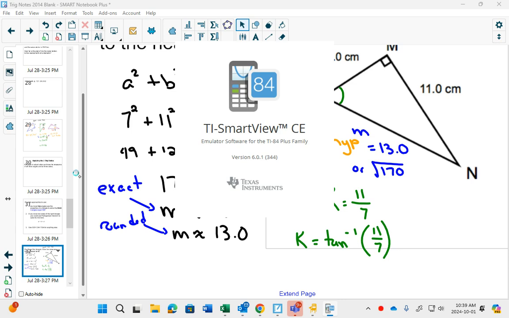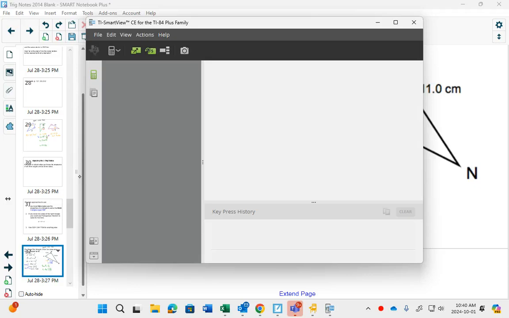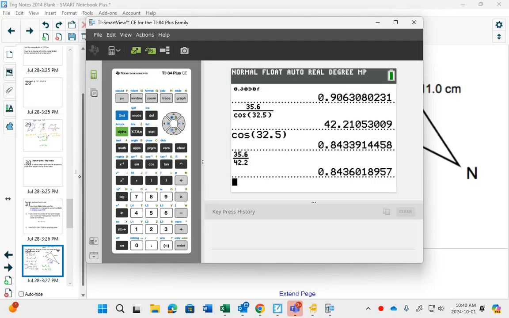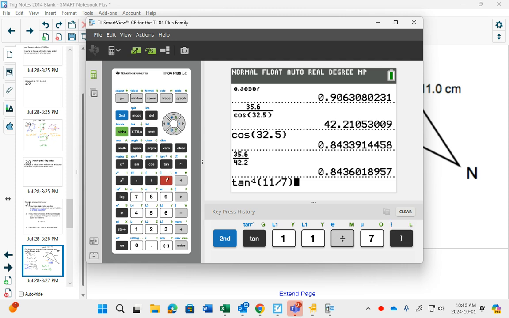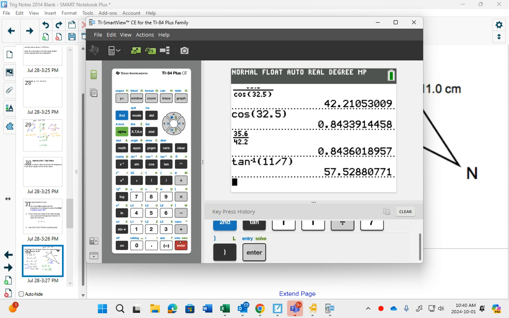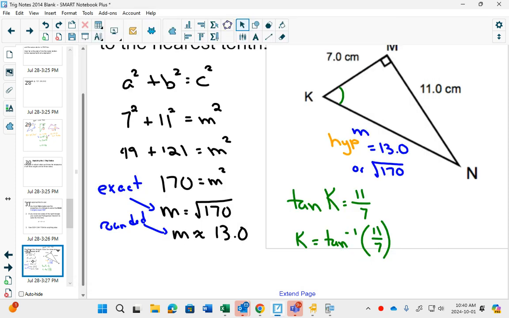I'll turn my calculator on. 57.5 because it wants to the nearest 10th.